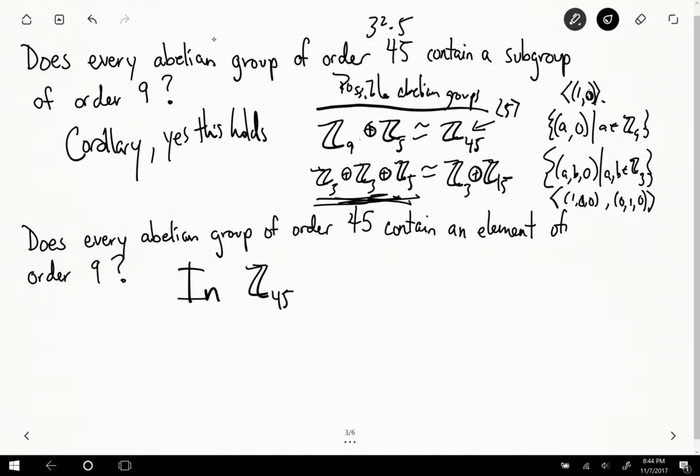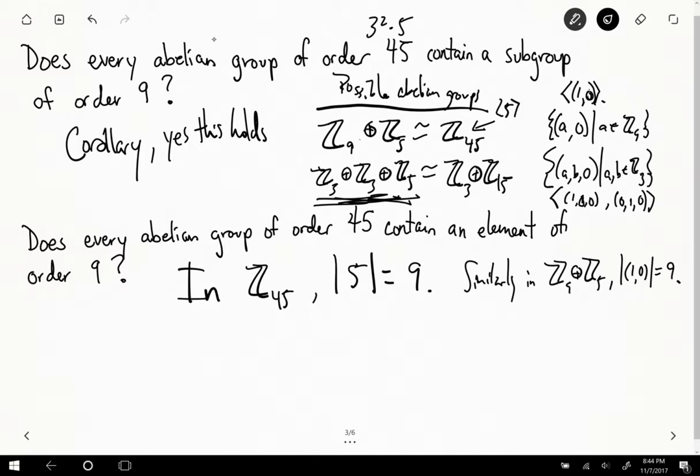So we had the order of 5 equals 9. Don't confuse that with absolute value or anything like that. Or similarly, if you preferred Z9 direct product with Z5, the element 1, 0 has order 9.